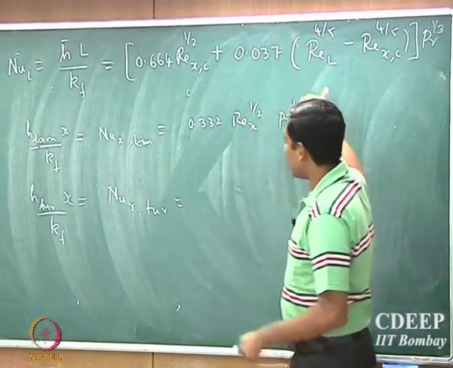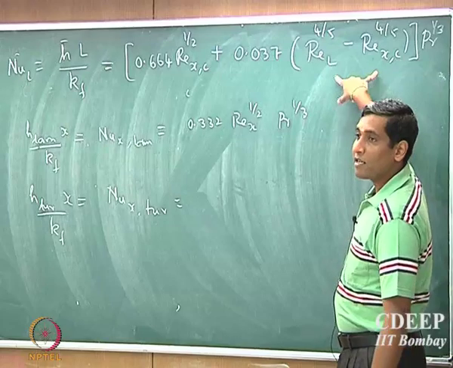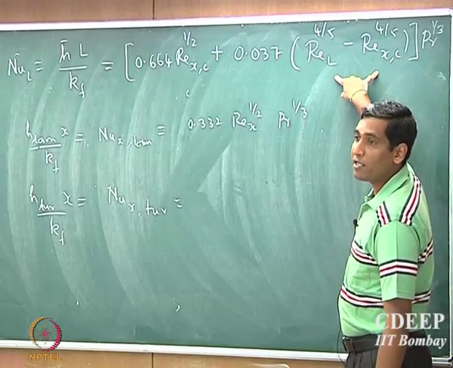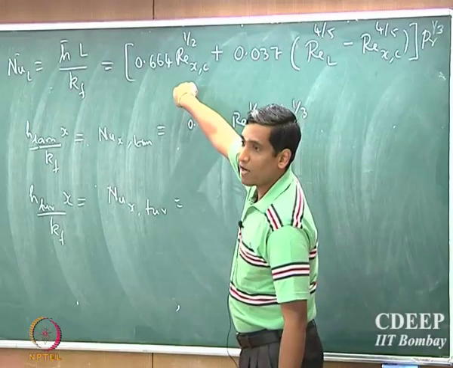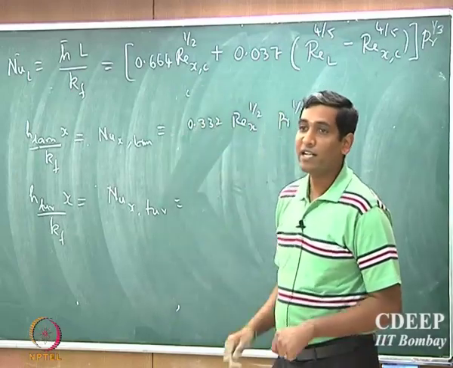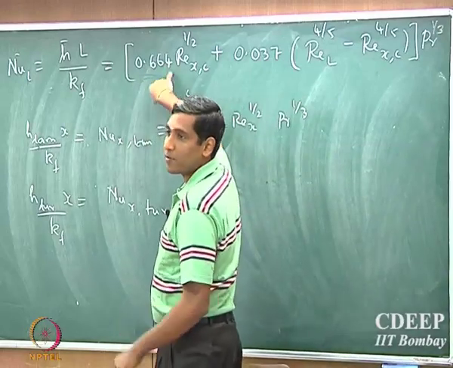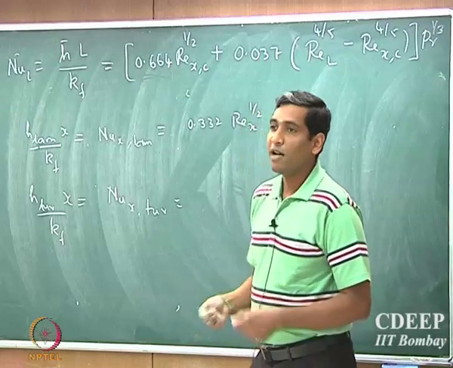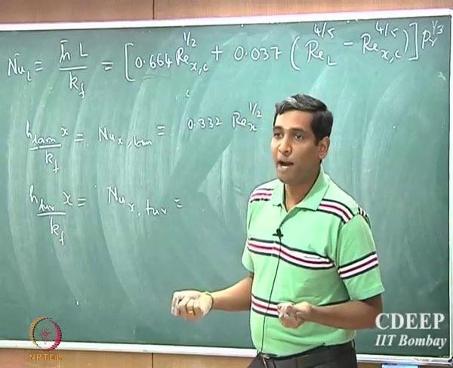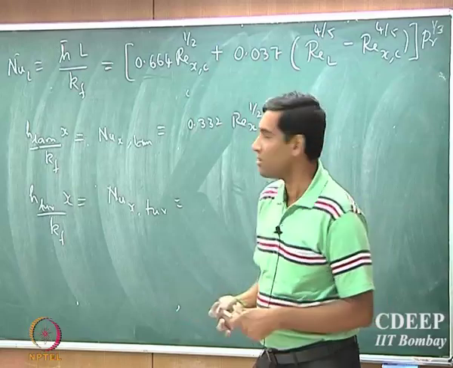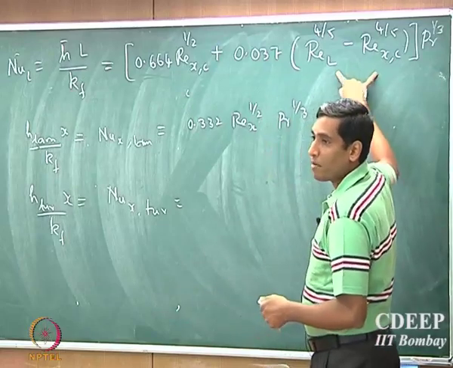So clearly you can see that the second term here corresponds to the integration in the turbulent regime, and the first term corresponds to the integration in the laminar regime. You can clearly see that there is a 0.664 that comes here. That is nothing but the average Nusselt number in the laminar condition, and this is the average Nusselt number in the turbulent condition.